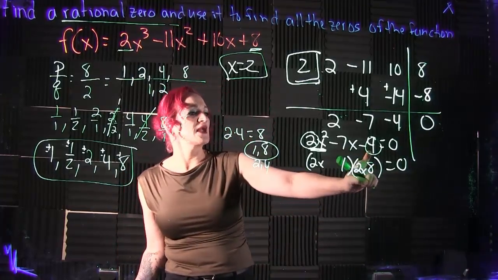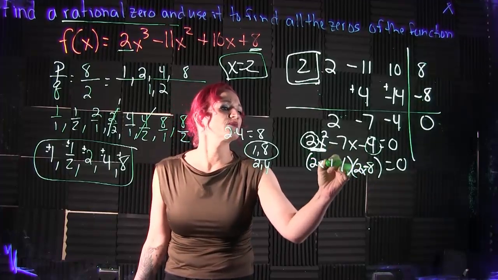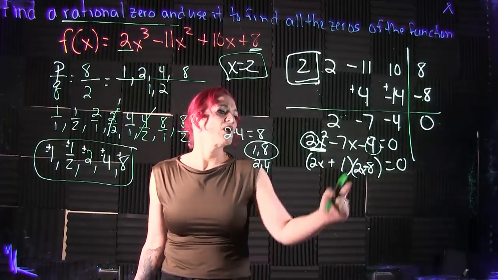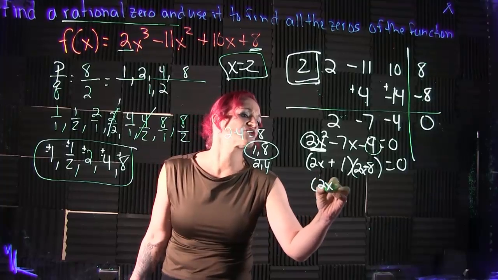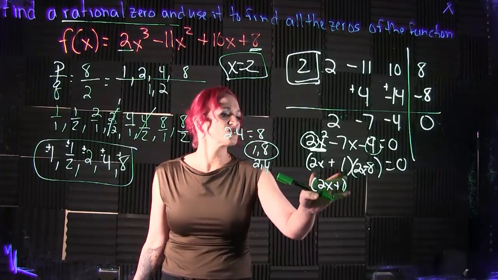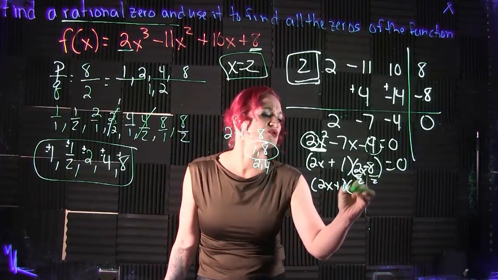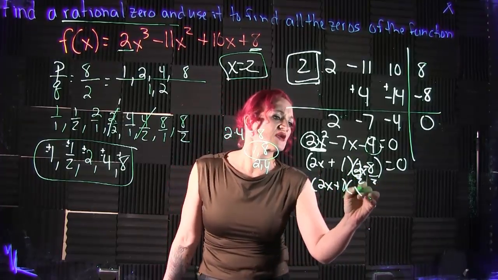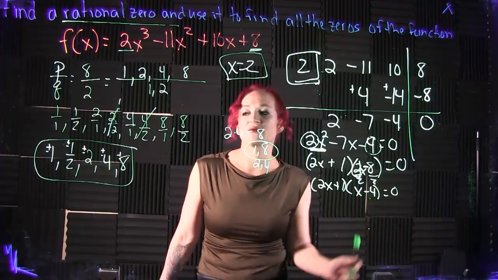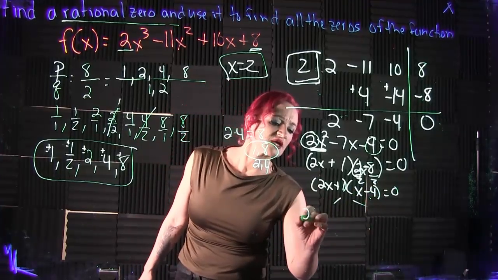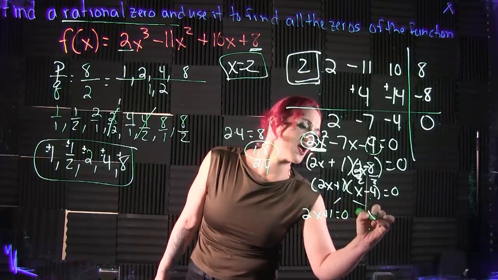Different signs, minus goes with the 8, plus goes with the 1. Reduce one of your factors. There's nothing in common with a 1 and a 2, so we can drop this down. But over here, we can reduce by a factor of 2, giving us x minus 4. Split your factors up, set them each equal to 0, and solve.